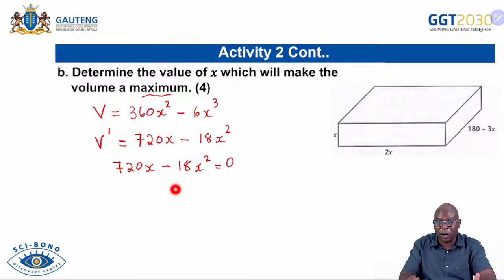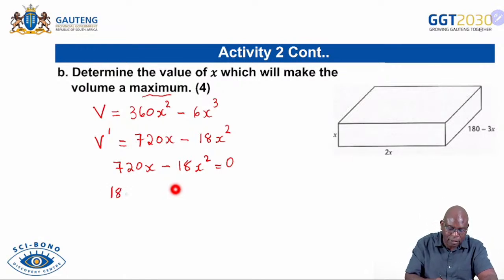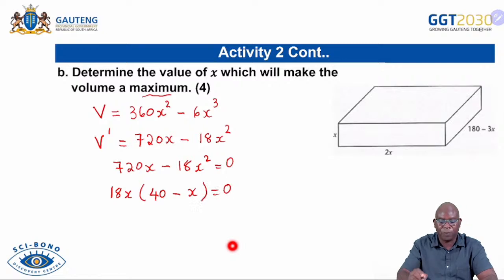Then I take out the common factor. You can see there we are having a common factor, which is going to be 18. So I can have 18 as a common factor, and inside there, I'm going to have 40 minus x equals 0, because 18 multiplied by 40 is 720. How do I do that? I just divide 720 by 18, you get 40, and inside the bracket we get 40 minus x.